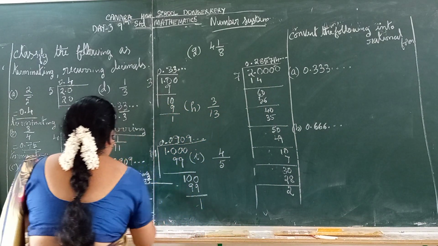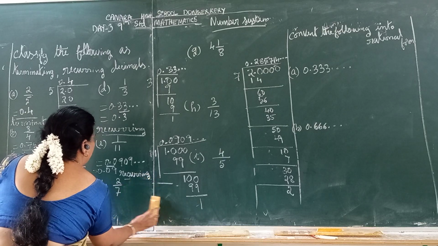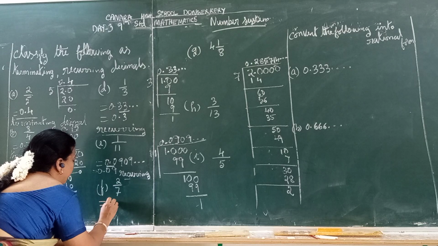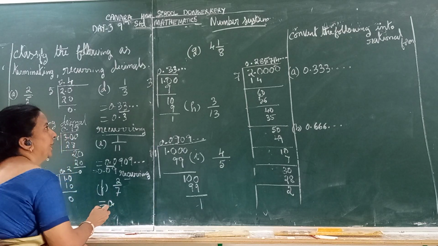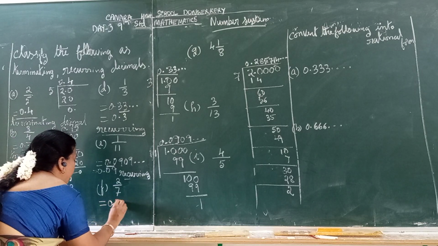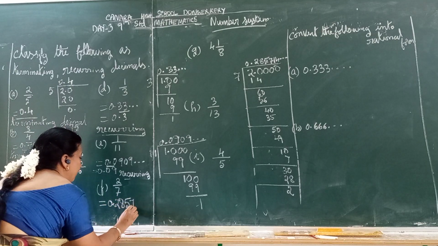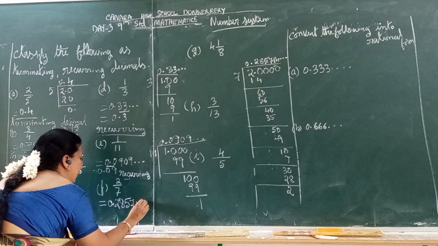Therefore, what is the answer I have to write here? Zero point 2857142, then again 2.